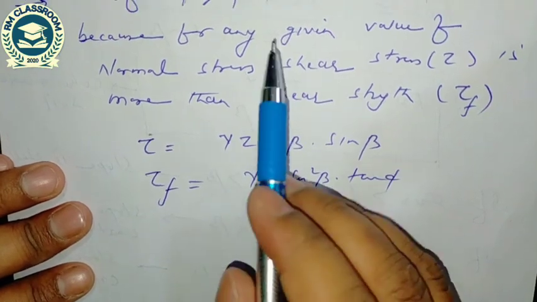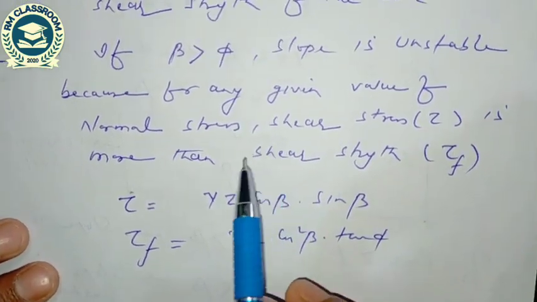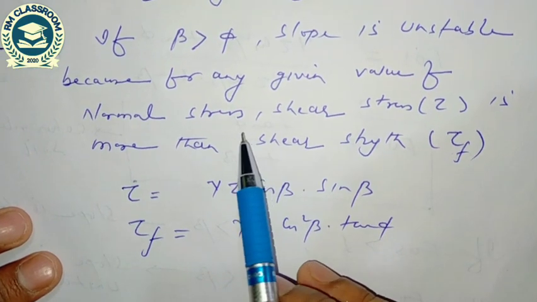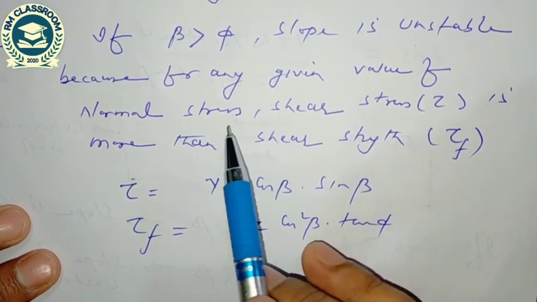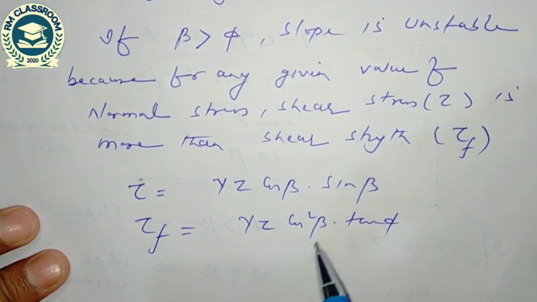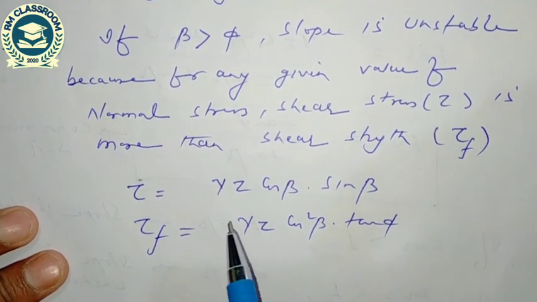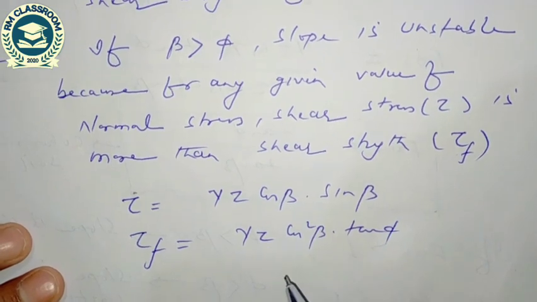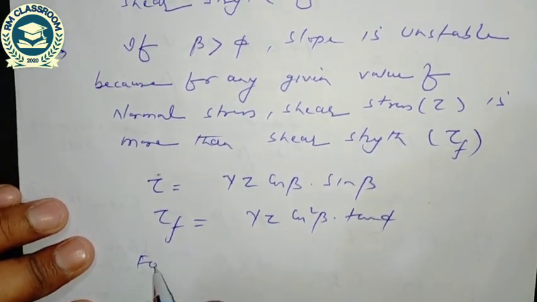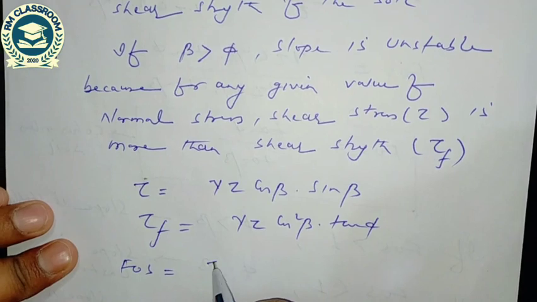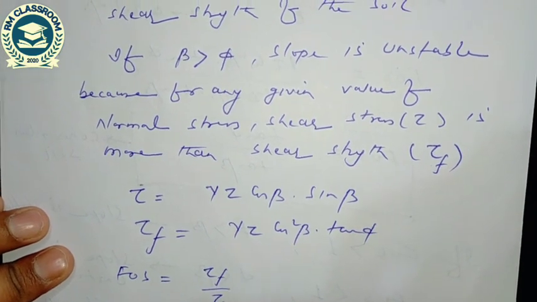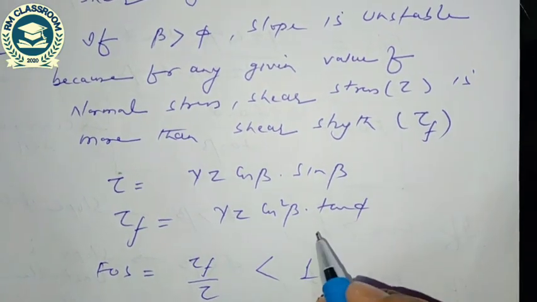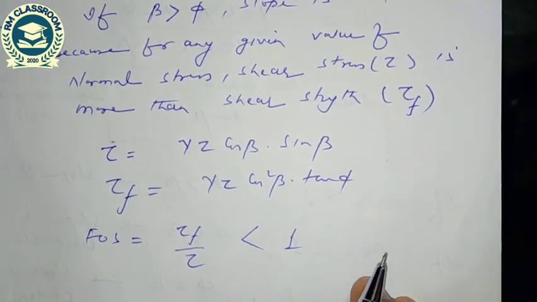So when beta is greater than phi, for any given value of normal stress, shear stress is more than the shear strength of the soil. Factor of safety is the ratio of tau f upon tau. So this value is exceeded, and the factor of safety is less than unity. That's why it is an unstable slope.